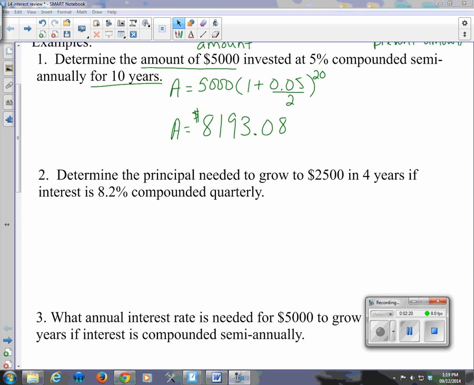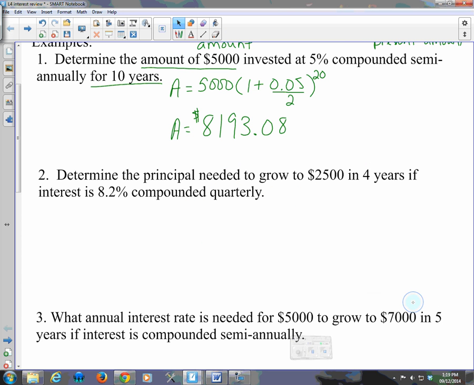Okay, example number 2. Determine the principal needed to grow to $2,500 in 4 years if interest is 8.2% compounded quarterly. So the formula we need is basically stated right in this question. Determine the principal. So we're solving for P. That means we need our present value formula.